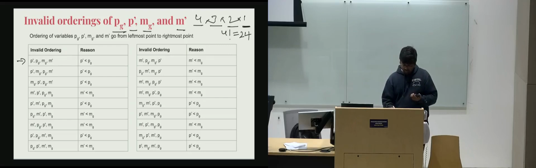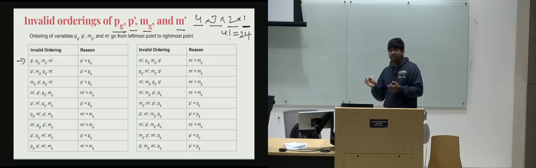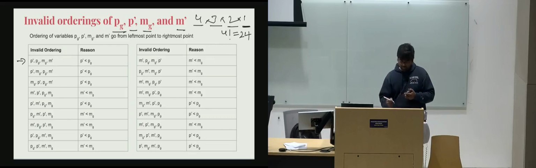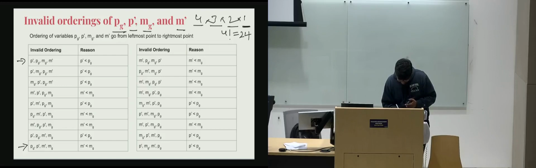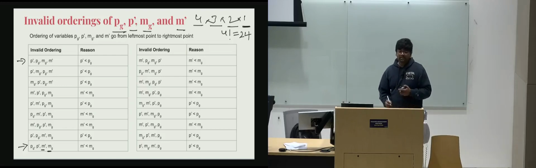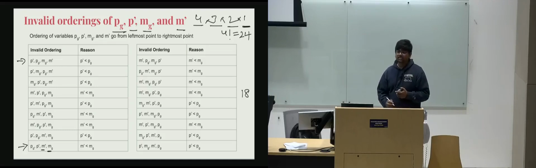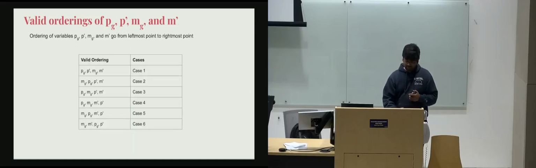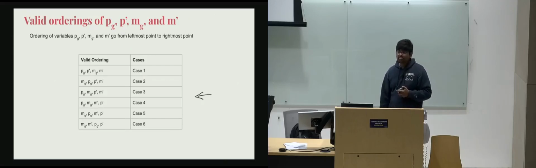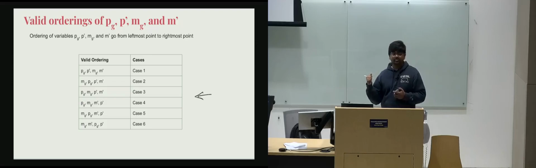If you go through all of this, you can see that either P prime is less than PG or M prime is less than MG. In this one, M prime is less than MG, and that is not how we have defined these terms. So it turns out that 18 of these are invalid combinations, and these 6 are the ones that are actually valid. Any questions here about the different combinations that we are forming?